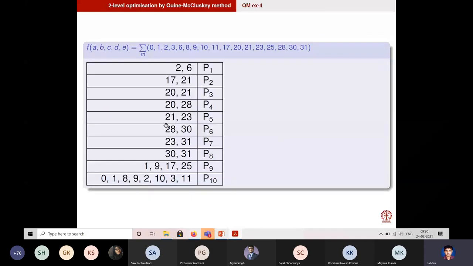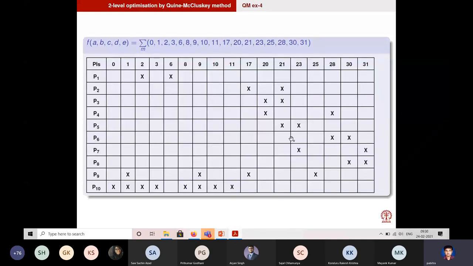Now what I'll do is that, see, my final goal, let me repeat my final goal, is that I have to find a subset of rows that covers all the columns, put a cross in all the columns, no column is left empty.